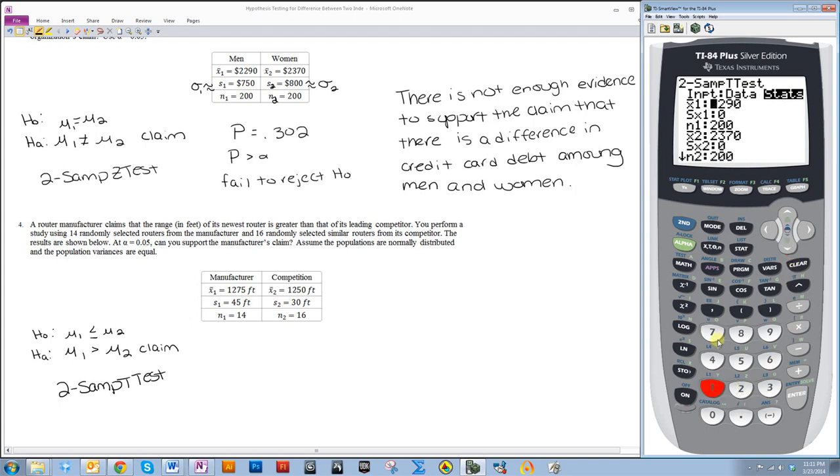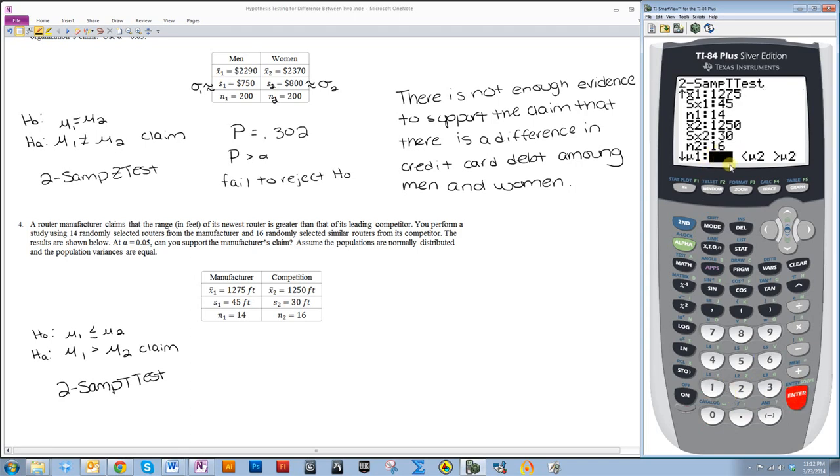Enter 1275, 45, 14, then 1250, 30, and 16.